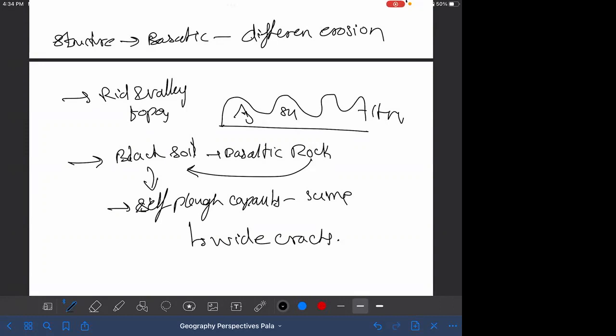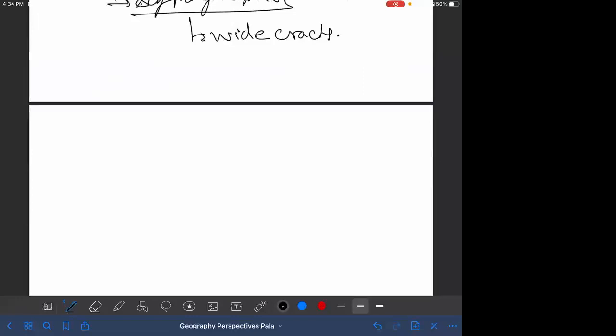In summer season, when it becomes dry, the soil gets thick and gets broken, and there will be formation of wide cracks, and these cracks will let oxygen get into the different inner layers of the soil, and that's what we mean as self-plowing capacity. Okay, these are things that you study in GS. That much is enough, there is no need to go into any more fine details here.